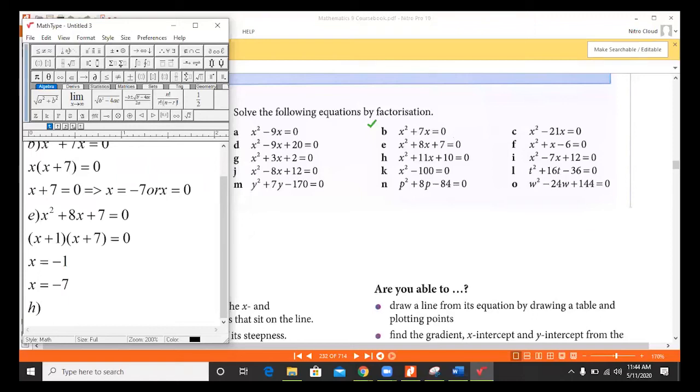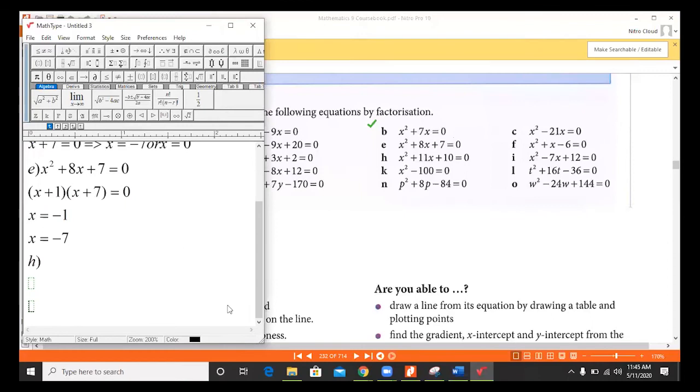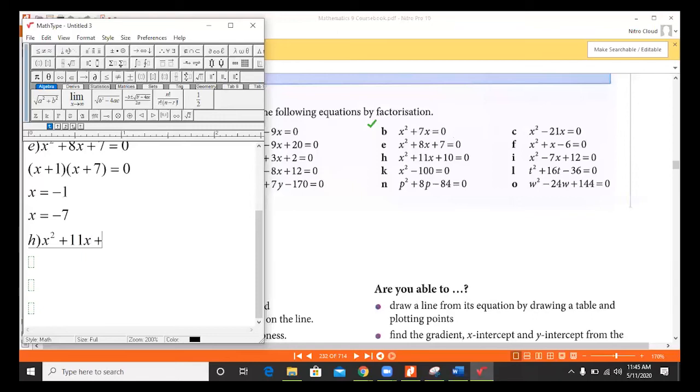H is the other point. Go on with Ersia. Okay, so it's x squared plus 11x plus 10 is equal to 0.